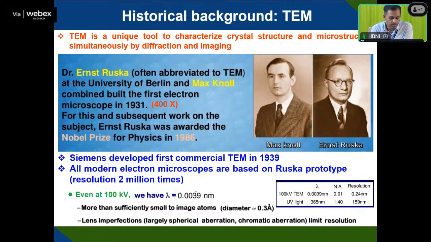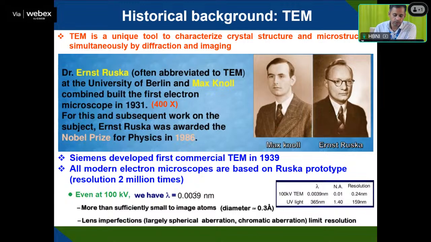Later on, the transmission microscope was slowly developed into a more and more advanced version, and Siemens developed the first commercial TEM in 1939, and all modern electron microscopes are now mostly based on the Ruska prototype.